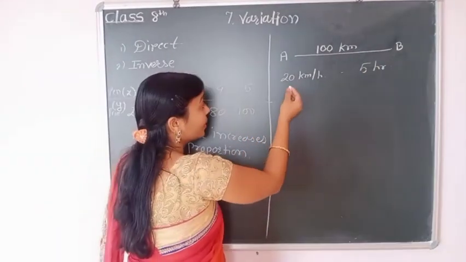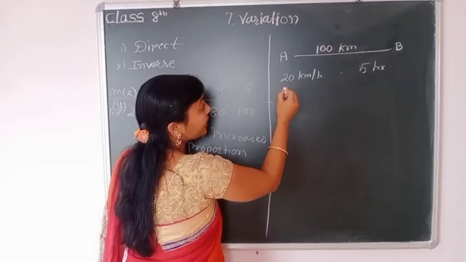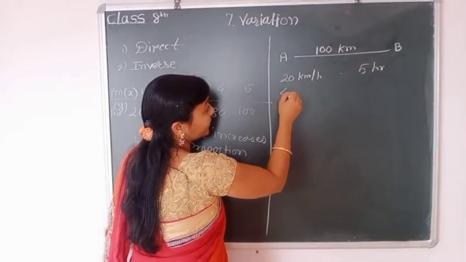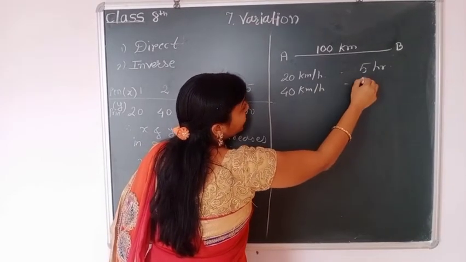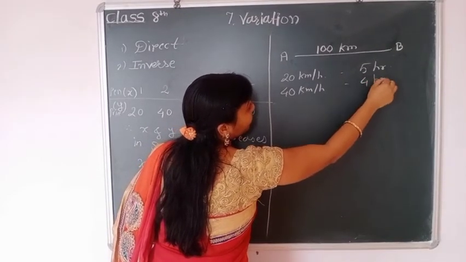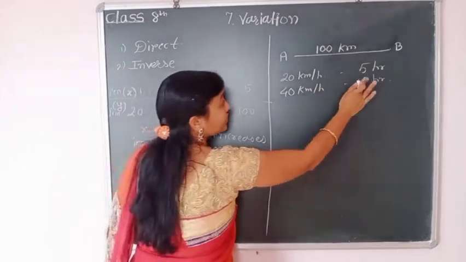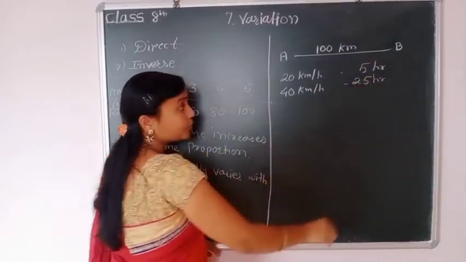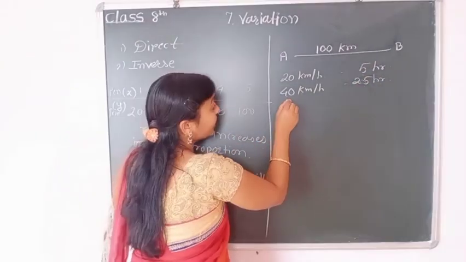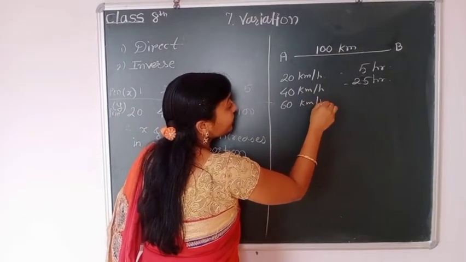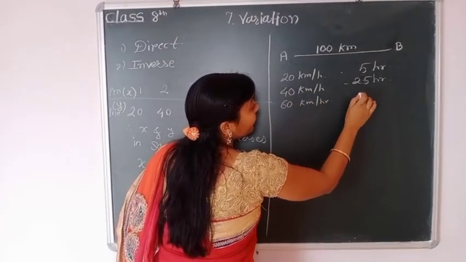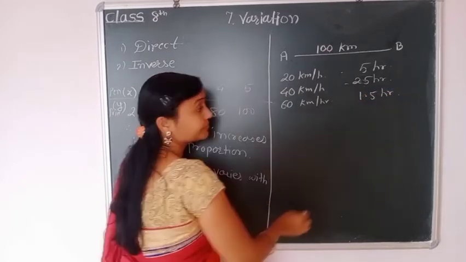If the speed of our car is 40 kilometers per hour, then we reach in 2.5 hours. If we again change the speed to 60 kilometers per hour, then we reach in 1.5 hours.